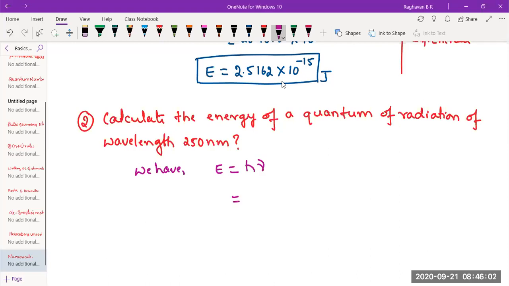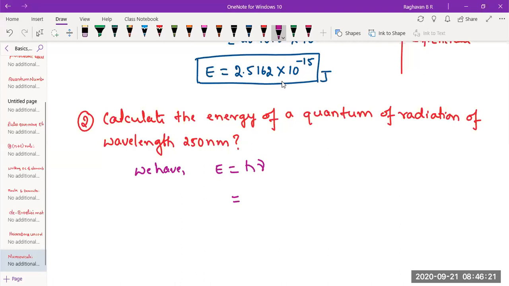Sir, 0.0795 into 10 to the power of minus 26 joules. Minus 26? Yes, sir. Again, the power is somehow not getting closer. The answer 0.0795 seems to be correct.